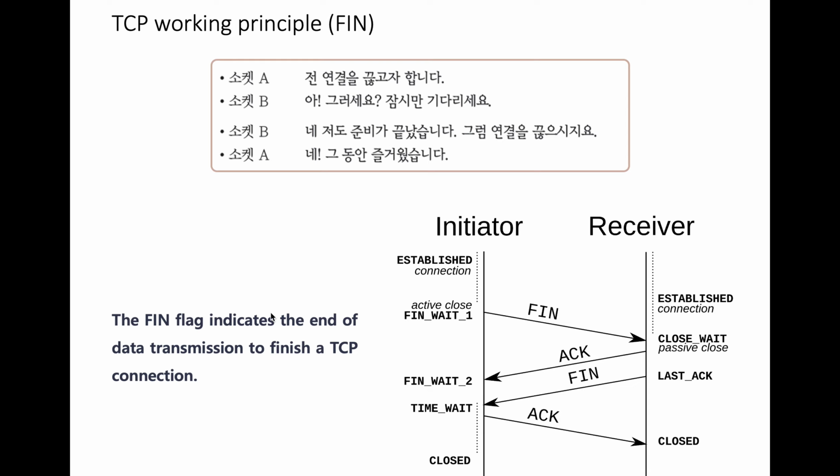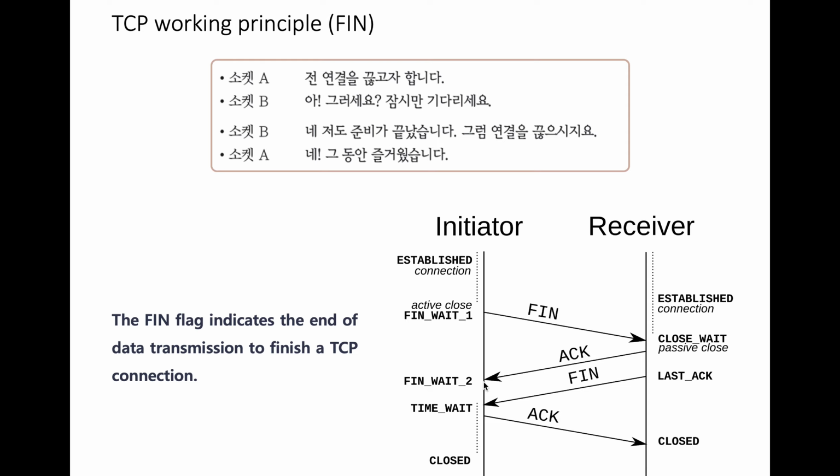When you close the socket, the FIN packet is automatically sent, and here you can see the packets that are transmitted between the initiator and receiver when the close function is called. So first, the host that wants to close the socket sends a FIN packet, and then the receiver will acknowledge that FIN packet.